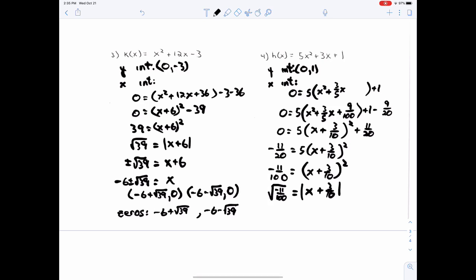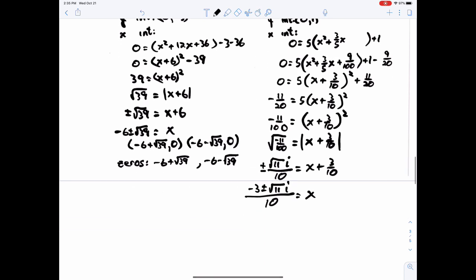Okay. Now, what is that? Well, the square root of negative 11 is the square root of 11i. And the square root of 100, of course, is just 10. And then all I'm going to do is subtract the 3/10. So I have negative 3 plus and minus the square root of 11i all over 10.